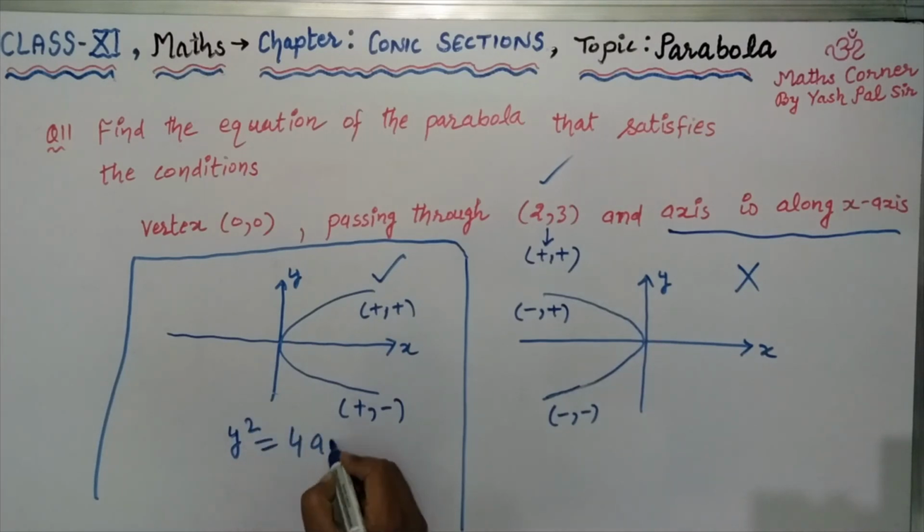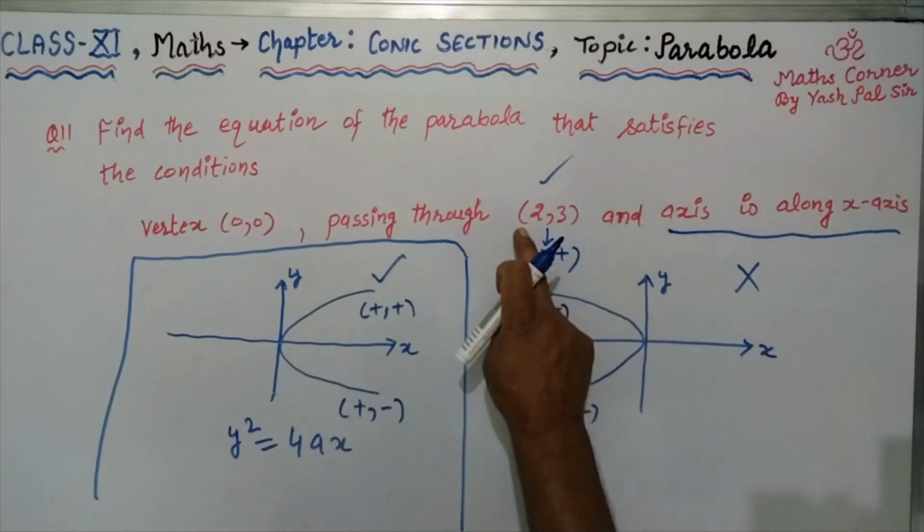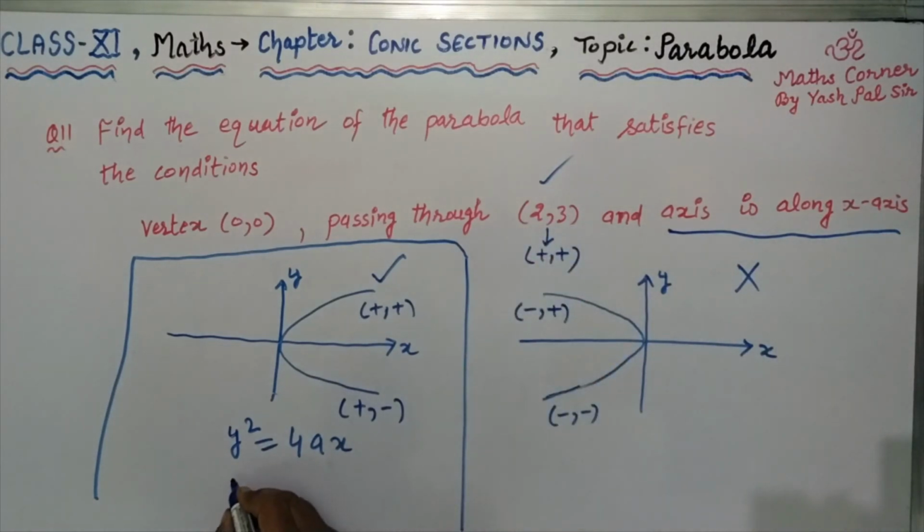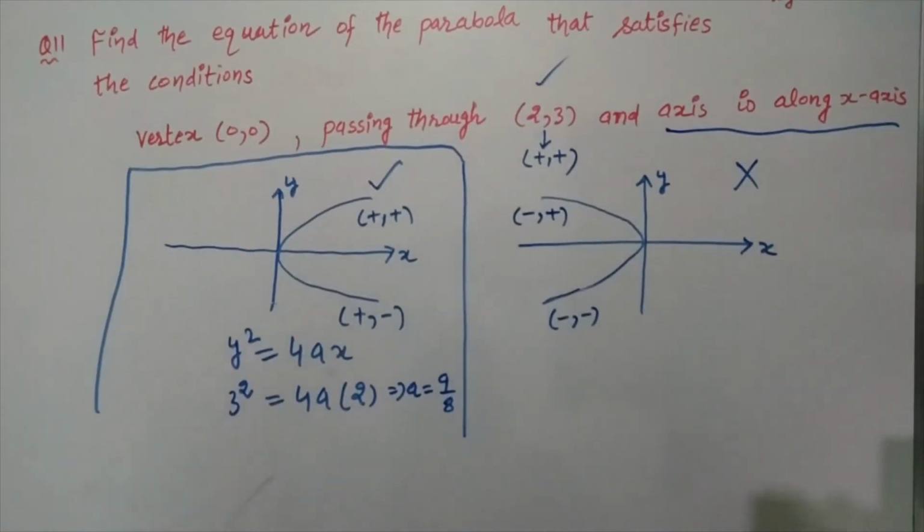Now this is the right-handed parabola, that is y square is equal to 4ax is the equation of the right-handed parabola. Now as this passes through (2, 3), put 3 square is equal to 4a into 2, since x is 2. So from here we can find the value of a: 4 into 2 is 8, 3 into 3 is 9, so a is 9 upon 8.